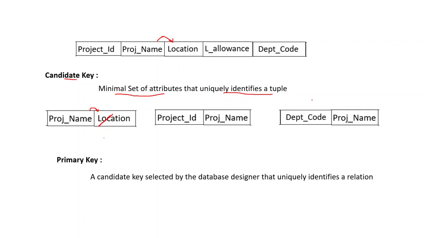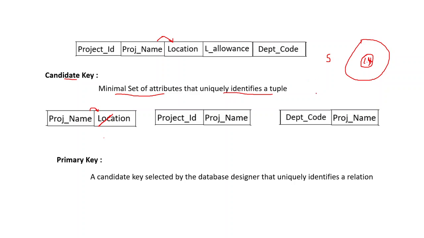So you can say that if this is your super key, a candidate key is a proper subset of your super key. And a primary key is also one of the candidate keys of your relation.